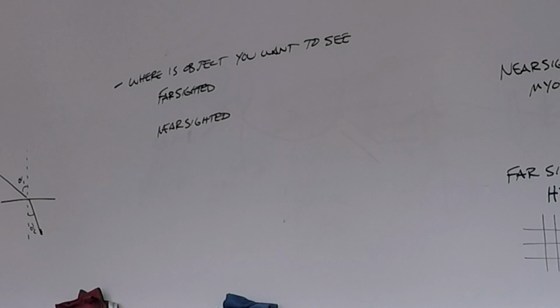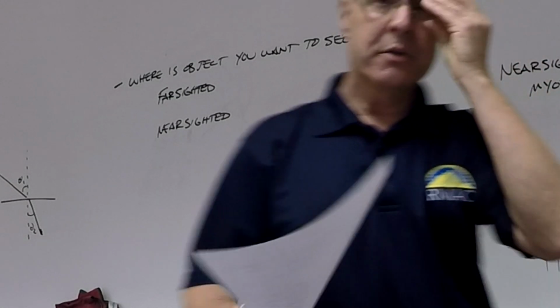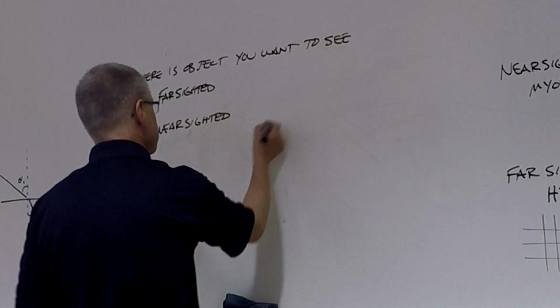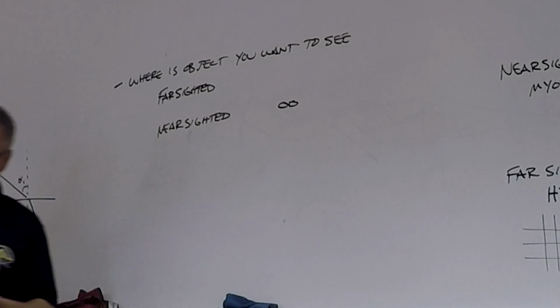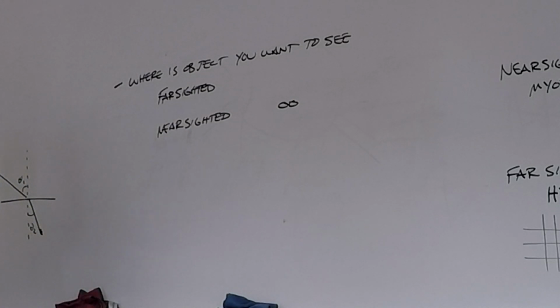How far? Yeah, I want to be able to see an infinite distance away, nice and crispy. So for this case, that's how far away I want to see. I want to be able to have an object out in infinity, but be able to see it nice and crispy with my lenses.